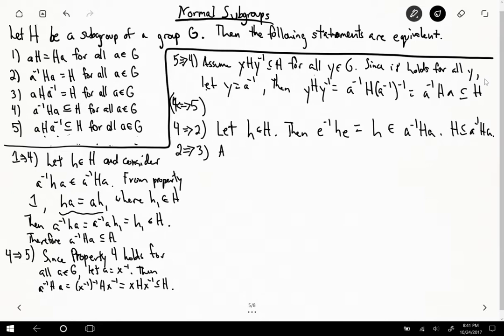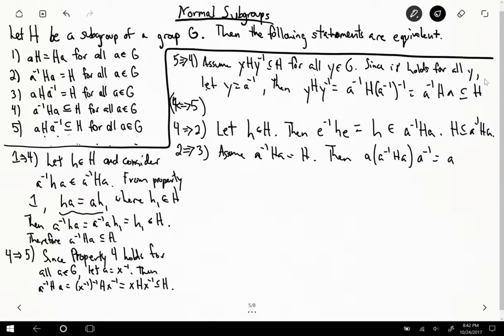So assume we have, oops, did that backwards here. We want to assume A inverse H A equals H. Then what happens? Then we should have A inverse H A, and then we can put an A inverse here.